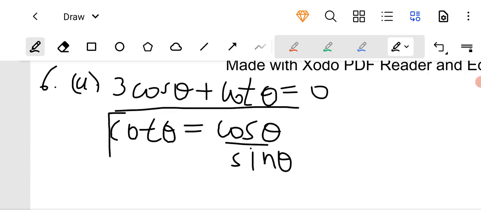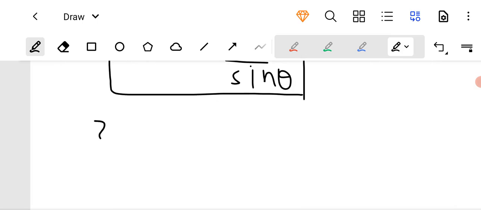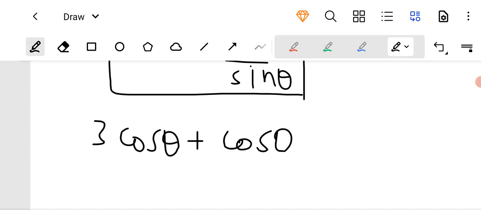We just need to recall this for us to proceed. So 3 cos theta plus cos theta over sin theta is equal to 0.